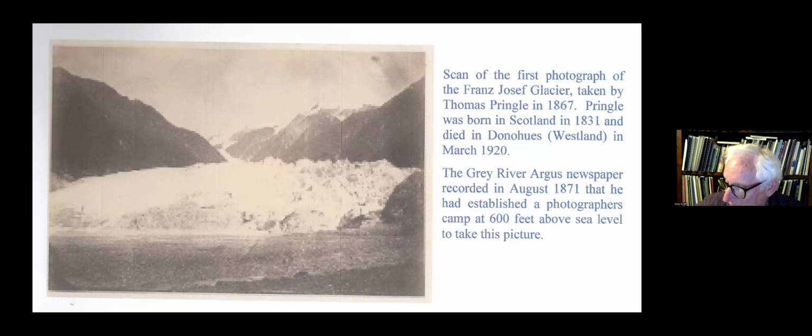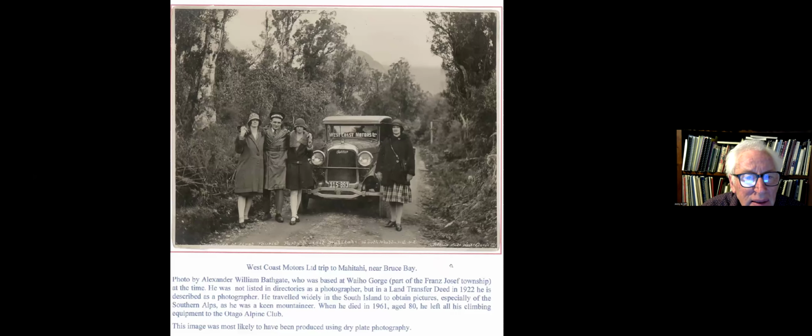Be good if that could be stopped. So this must have been taken after 1911 because the road didn't open until then. And they had these flash cars, usually Studebakers, run by a number of firms, West Coast Motors in this particular case.